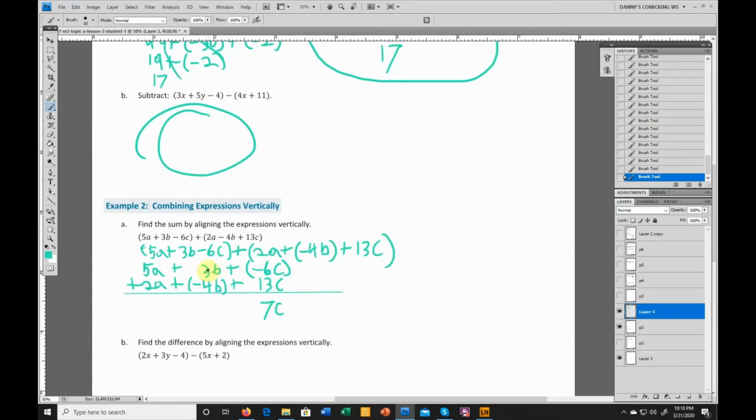So we know that 3 plus minus 4b has to be 0. So we just have b and this plus. So it only ends with 1b. That's it. And it's a minus b because, of course, 3 minus 4 becomes a negative. This becomes 7a.